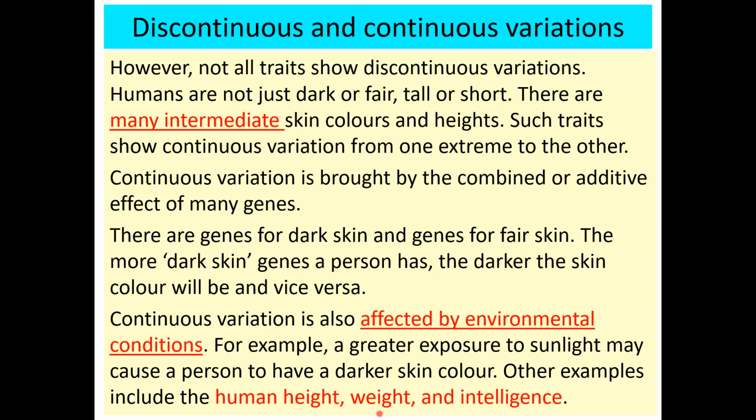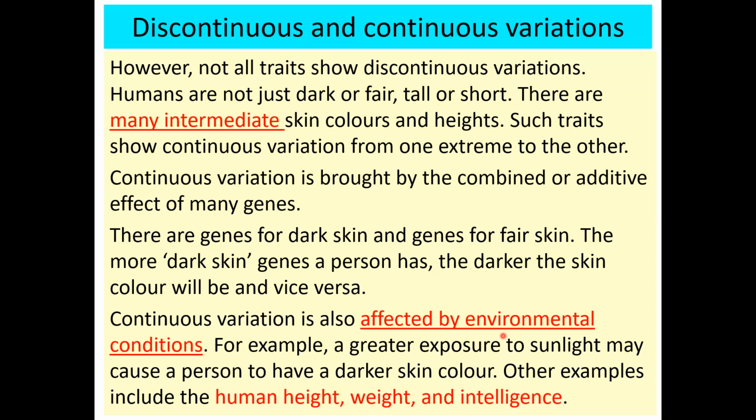Intelligence is also different in every family member. So if we have different intelligence levels at home, it is also different in the population as well. These variations, known as continuous variation, are affected by the genes, plus they are affected by the environment.